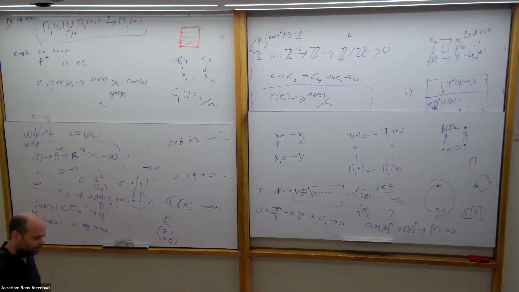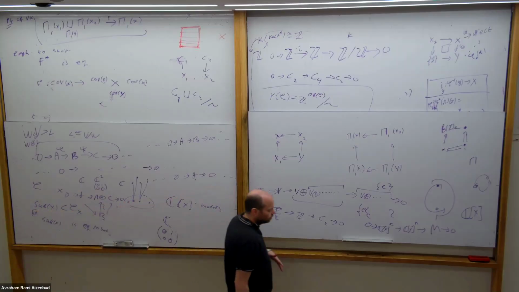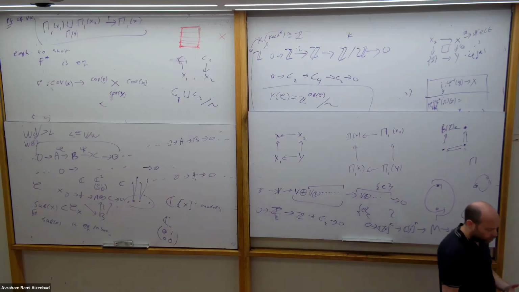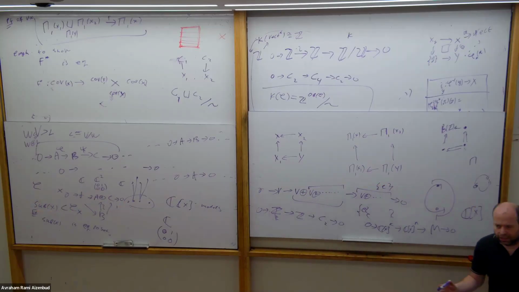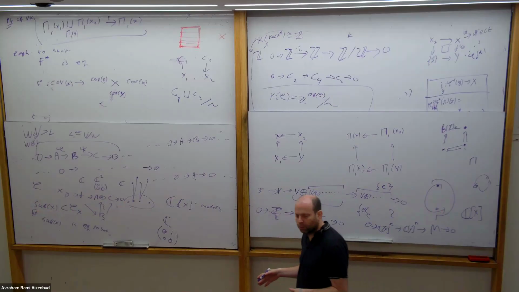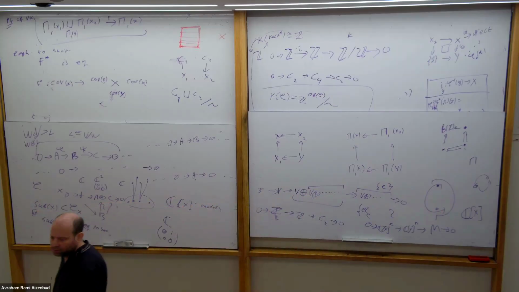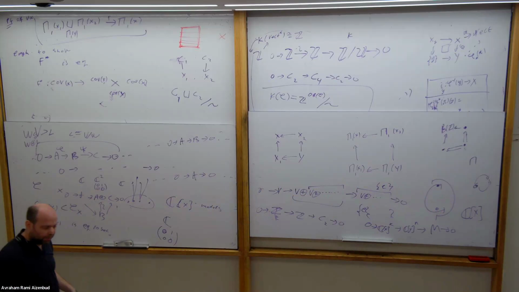And this is very common. In many categories, any object is a finite extension of simple objects. A simple object is an object which is not a non-trivial extension of anything else, so you have no subobjects except 0 itself, like prime numbers.